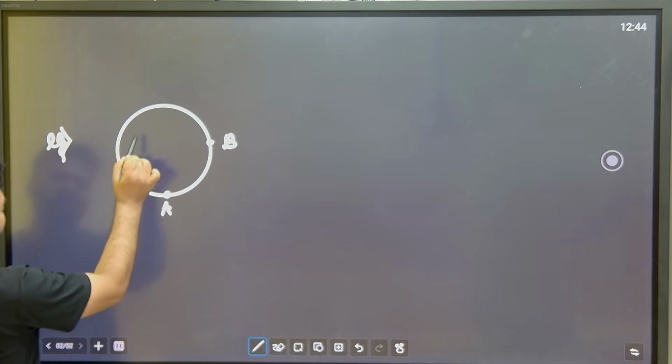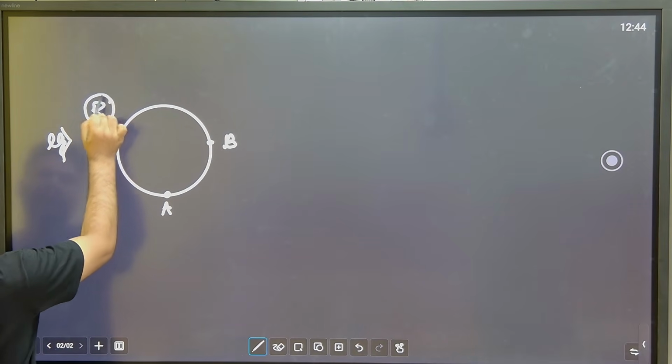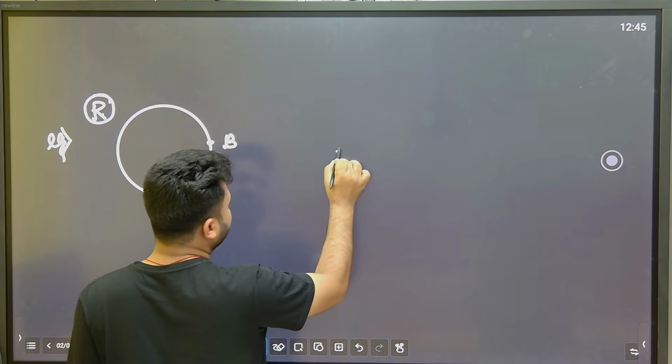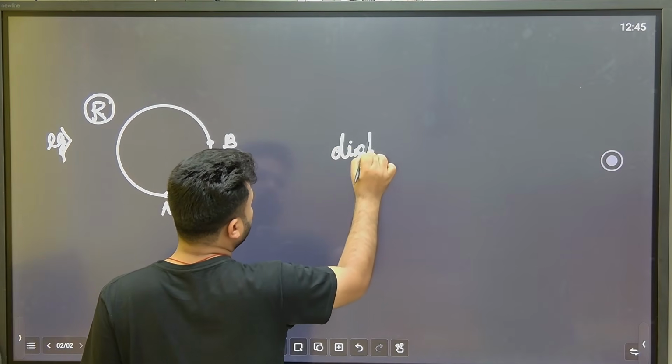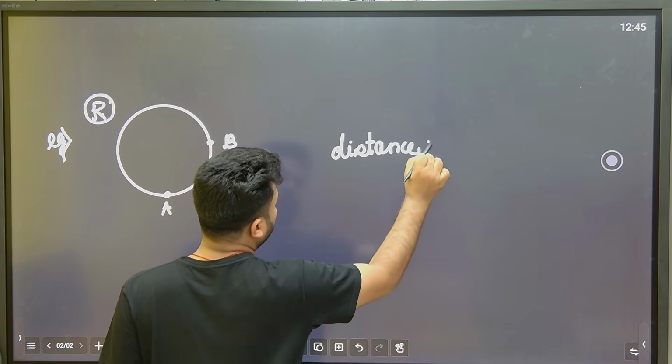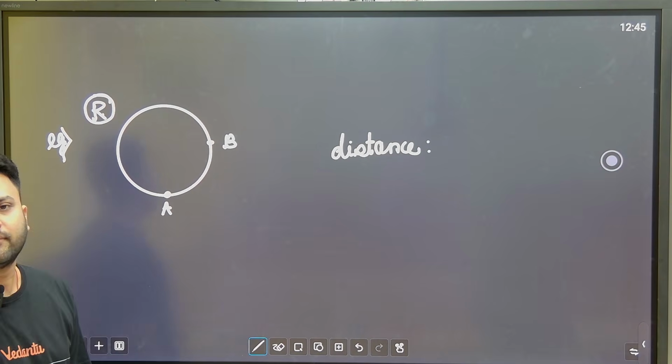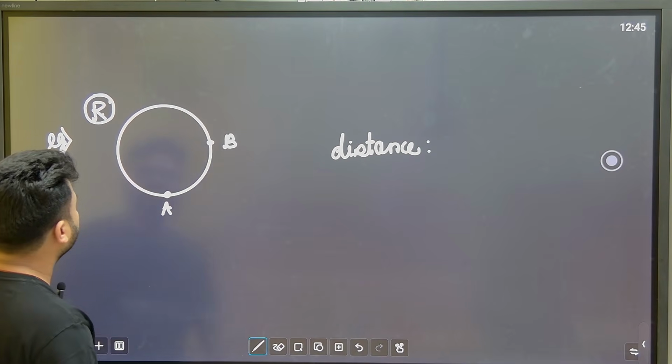Suppose the radius of this circle is R. So from A to B, what is the distance? This distance will be this arc length from A to B.